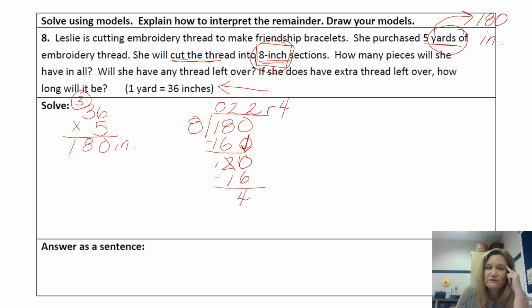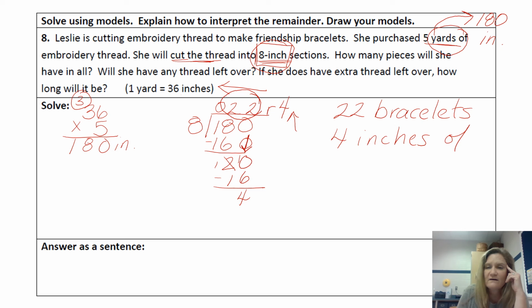Okay, so this means that she's going to have 22 bracelets. 22 bracelets. And then she's going to have 4 inches of thread left over.